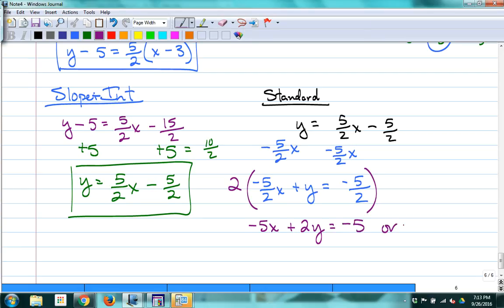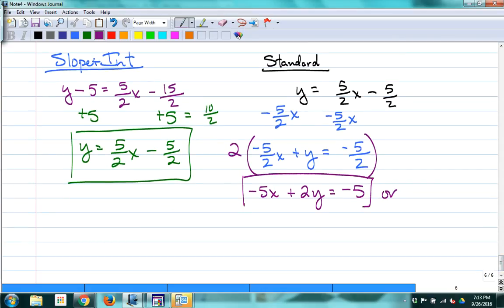How else could that be written? What's the other equation that could be? Good. What did he do to that? Changed all the signs. Okay.